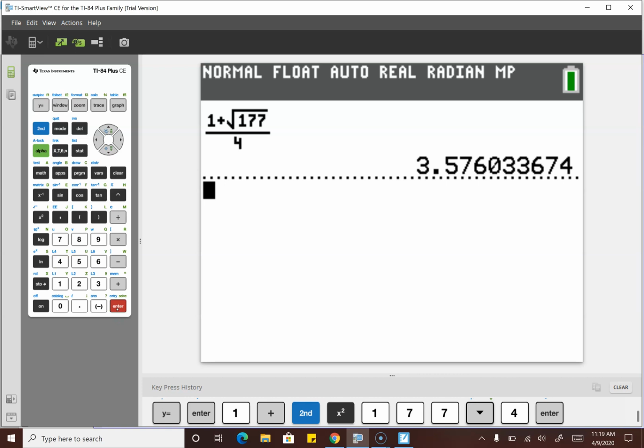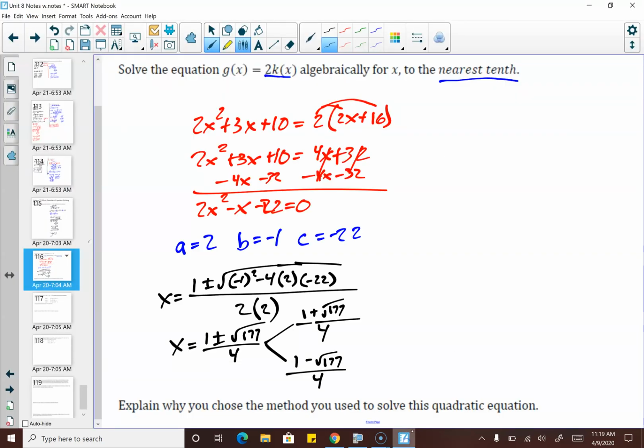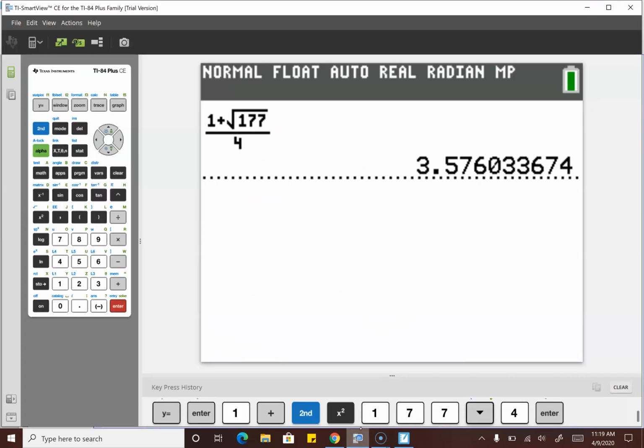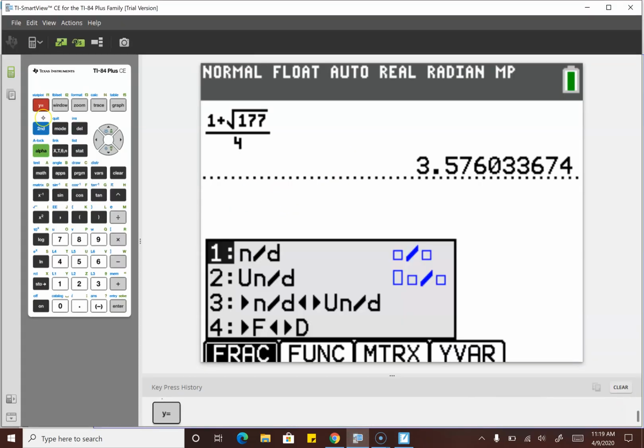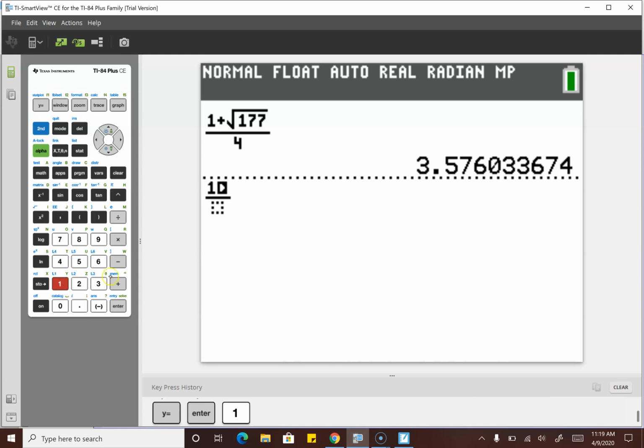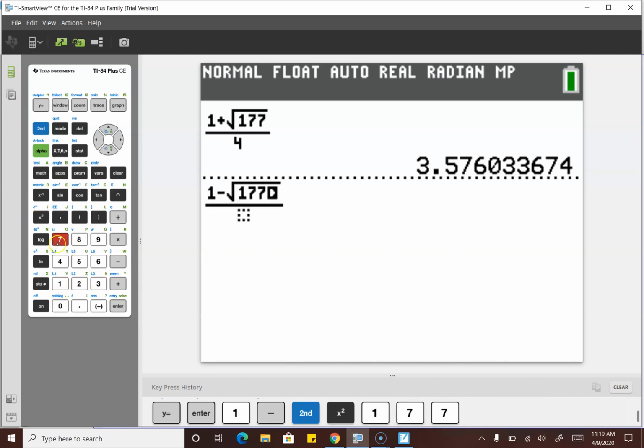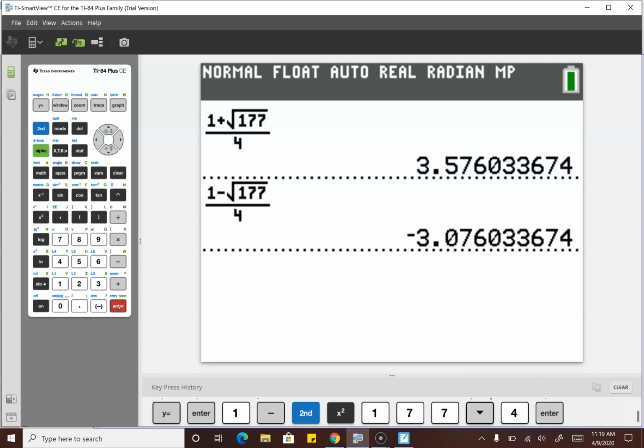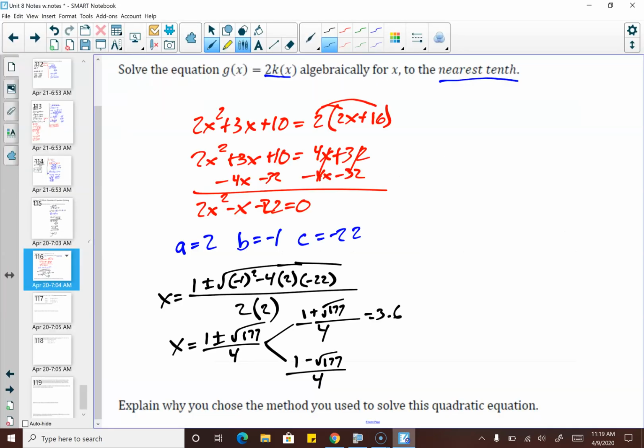To the nearest tenth, that gives me 3.6. And then we'll do the same exact thing again. Only difference is we will do 1 minus the square root of 177 over 4. And that gives me negative 3.1. And those are going to be my two answers there.